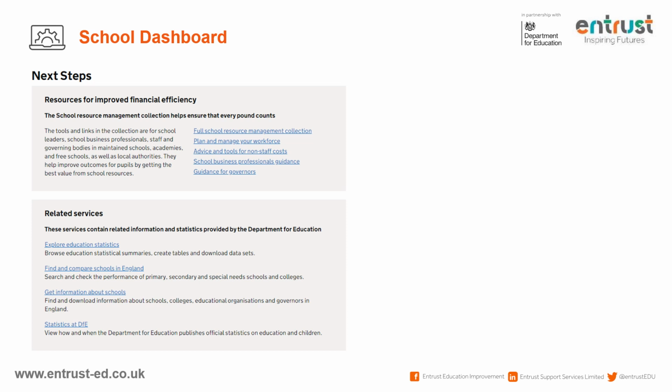Furthermore, there are links available for the DFE's related services, including exploring education statistics, get information about schools, and further DFE statistics at the DFE. I recommend visiting these sites if you have statistics which need improving and you are not sure how to go about this.